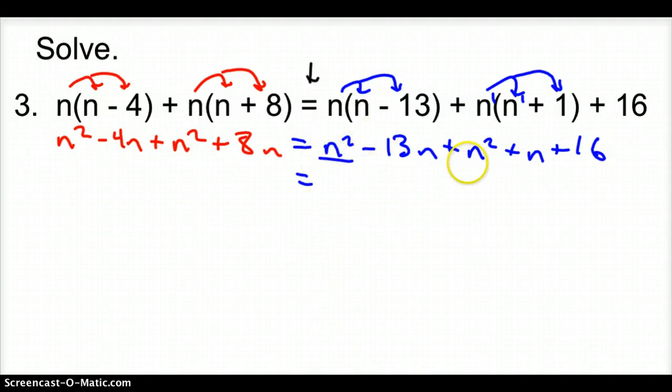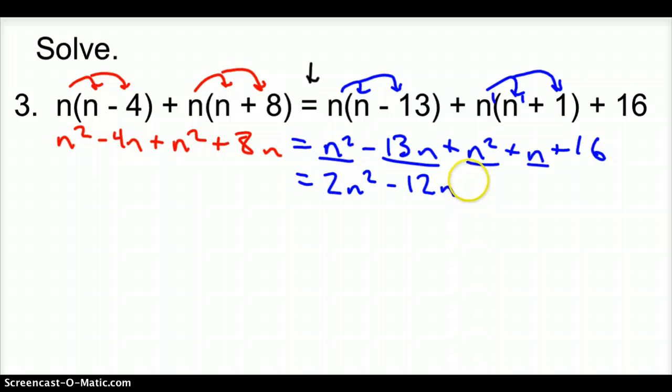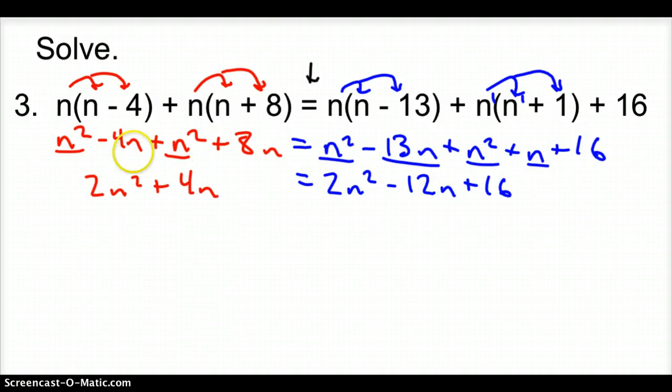So here and here comes out to be a 2n squared. Here and here comes out to be a minus 12n, and then plus 16. Over on the red side, I have just this and this for like terms, so it's a 2n squared plus 4n. I lied for like terms because I have this guy and I have this guy.